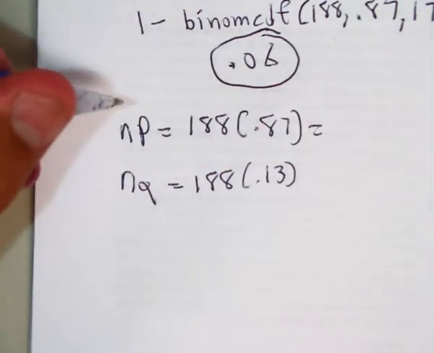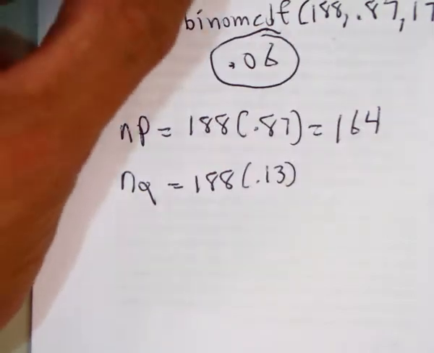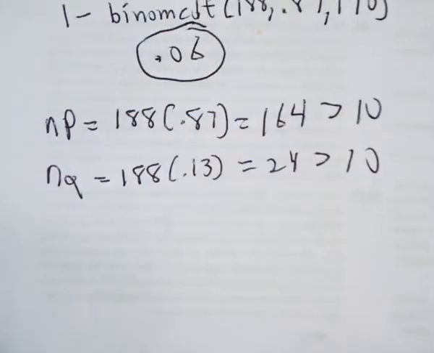If you do those both out, you get about 164, and you get about 24 here. So both of those are greater than 10, so we can use a normal model.